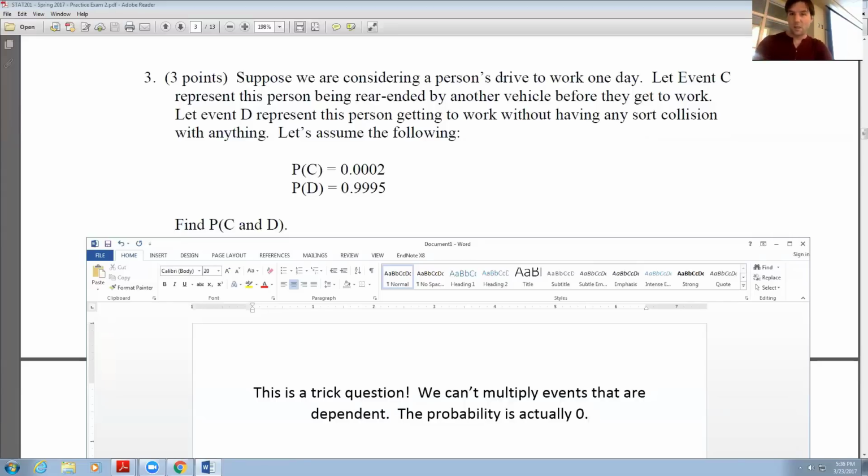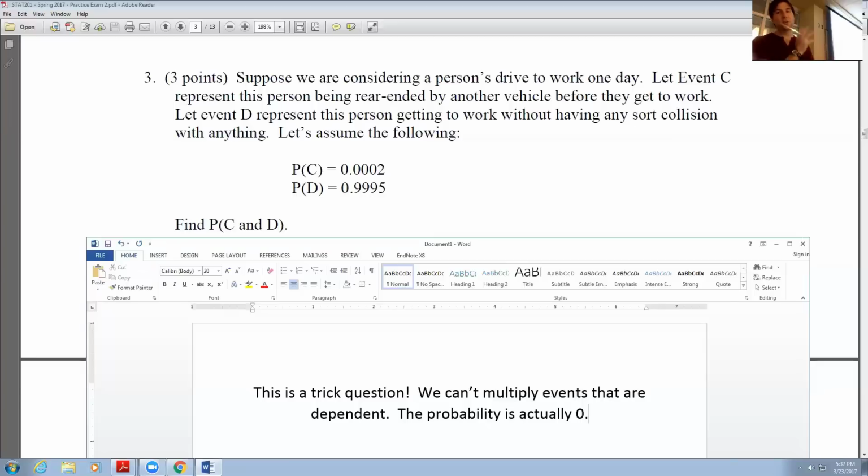Does that make sense? And C and D does mean multiply, but only if they're independent. But these are disjoint events. So if one happens, the other can't. So what's the probability of them both happening? 0. So yeah, that's exactly it.